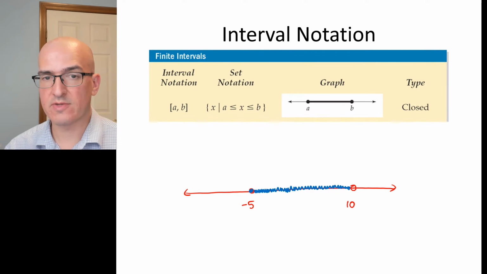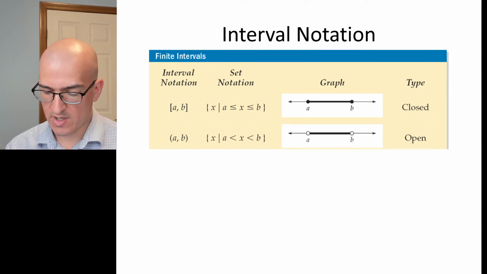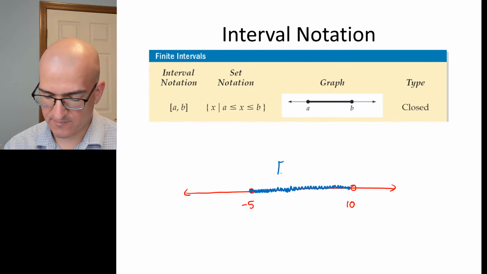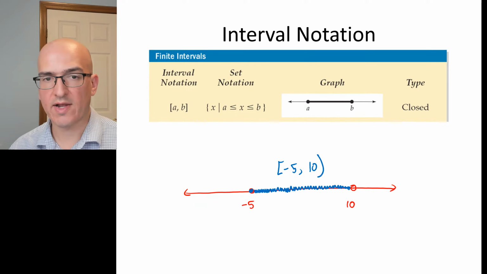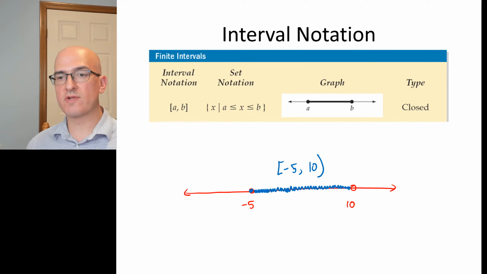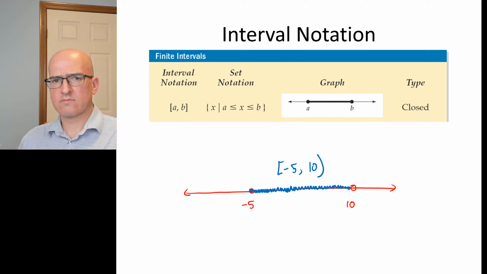So for example, the interval that's shown here in this picture, I put a square bracket, -5, comma, 10, round bracket. That's how I would indicate all the numbers between -5 and 10 without having to draw that messy picture.